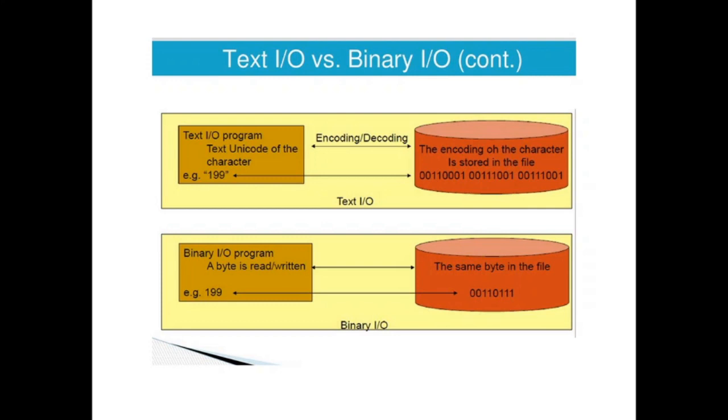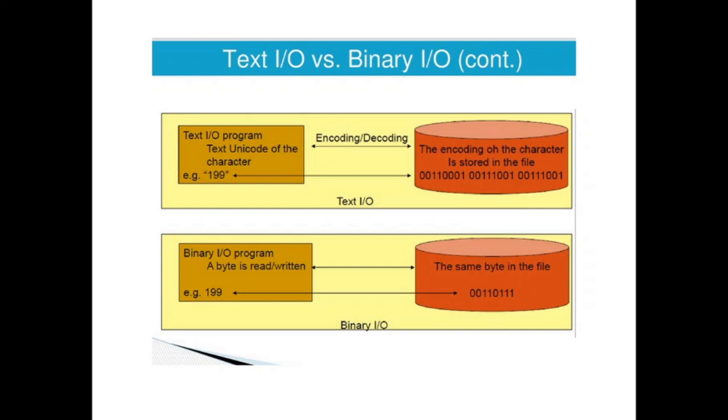Looking at the diagram, as you can see, there is a clear separation between the text input output and binary input output program. In case of text input output, the Unicode of the character is 199, so it will be converted into binary and then it will be stored.